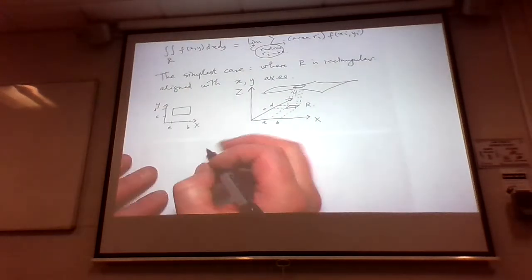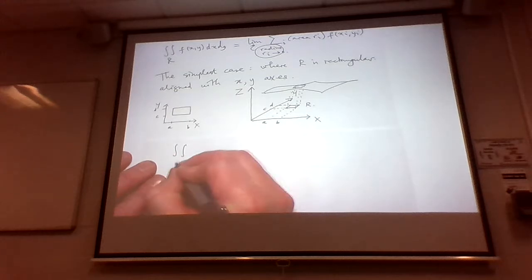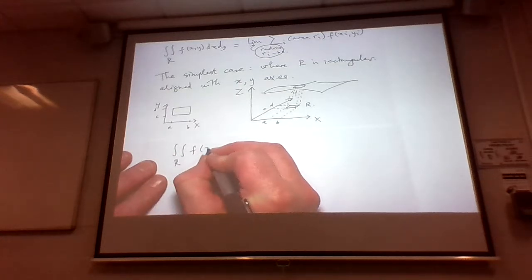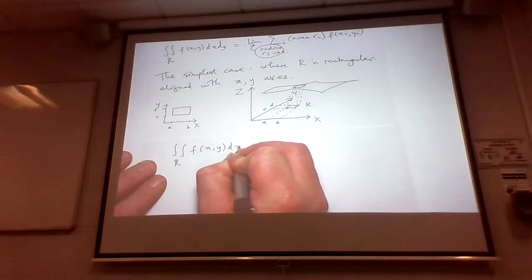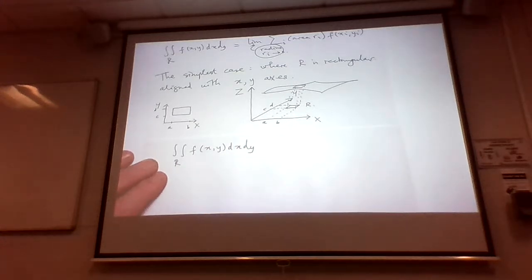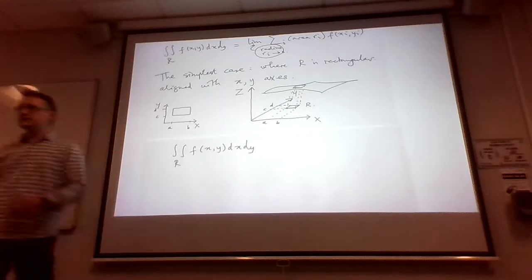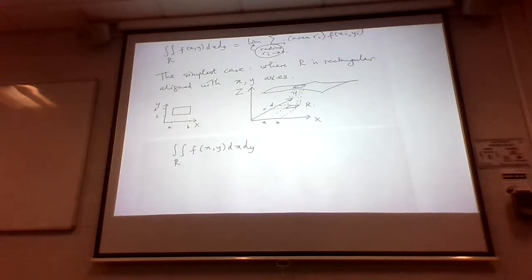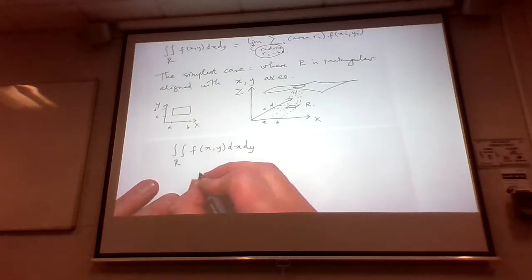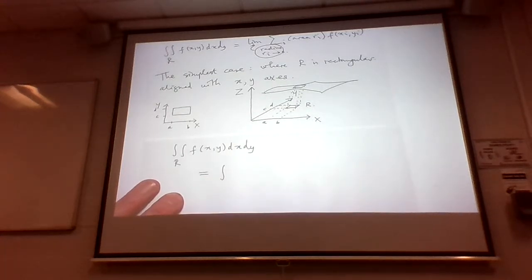And in this case, we have an interesting way to think about these double integrals because there's two integral signs. And here we really see why there's two integral signs, because this thing actually breaks down into a repeated integral.